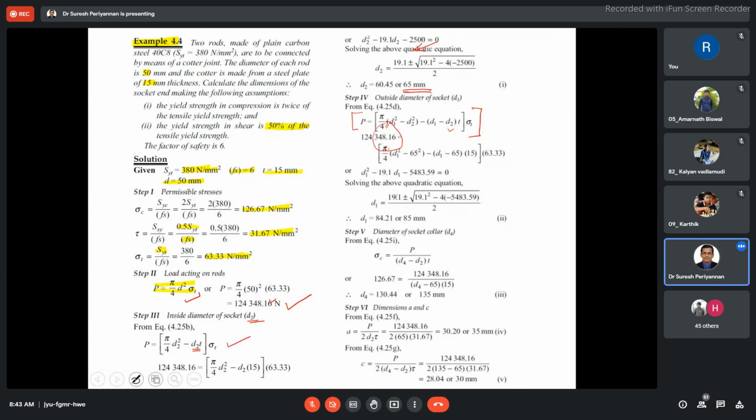Now I come to the diameter of the socket collar, d4. Here the socket collar is subjected to crushing stress.